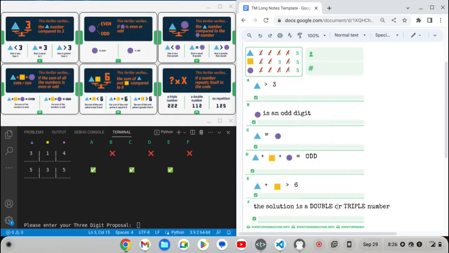So let me go ahead and cross out the triple. And we are saying that it's a double, so that means that square cannot be the 5, leaving square to be 3. So let's go ahead and type that up in our notes as the solution being 535.